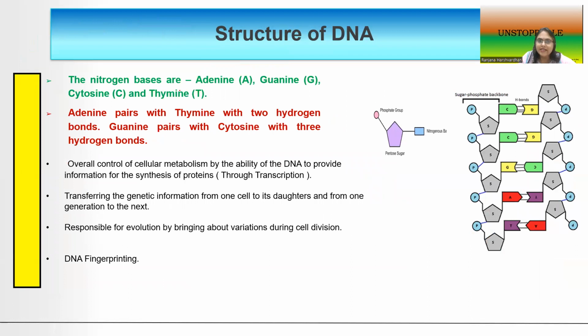And as I said, the DNA is made up of nitrogenous bases. The nitrogenous bases are of 4 types which you see in the DNA. I will first classify these 4 types into 2: purines and pyrimidines.